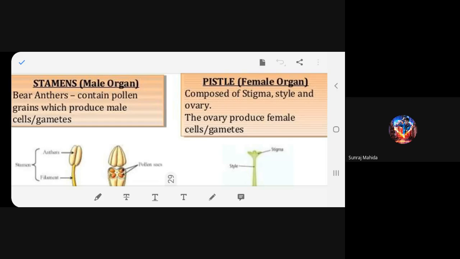Anthers contain pollen grains which produce male cells or gametes. Gametes. Read properly, gametes, please. And please adjust your mic, beta. Some disturbances are on.